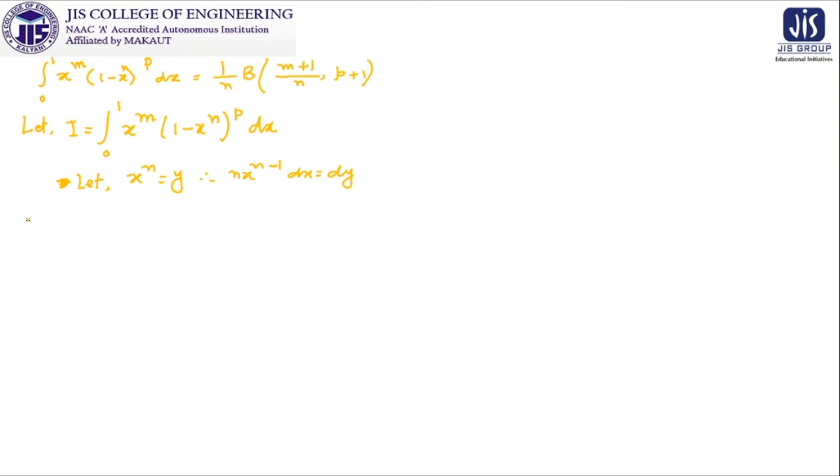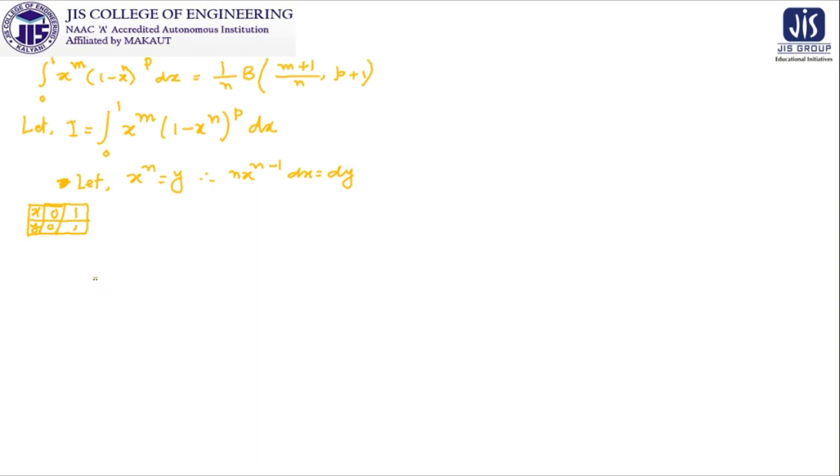And if we think about the limits of x and y, it was 0 to 1. So if x is equal to 0, y is 0, and if x is 1, y is 1. So the limit remains the same as it was.